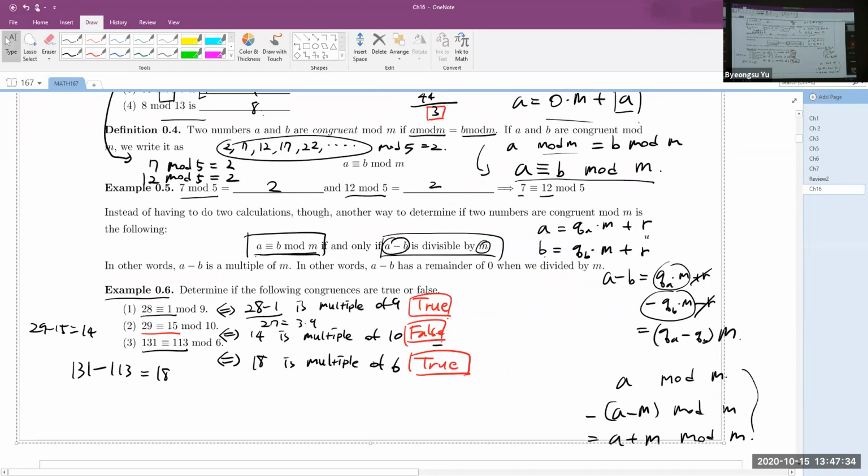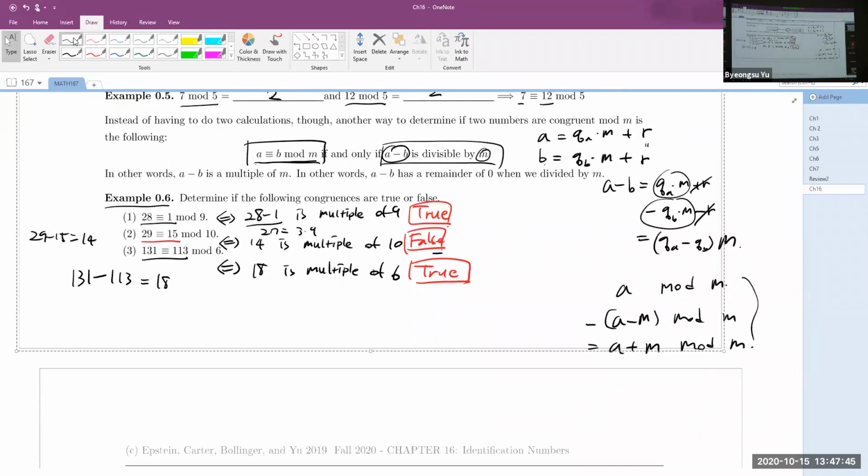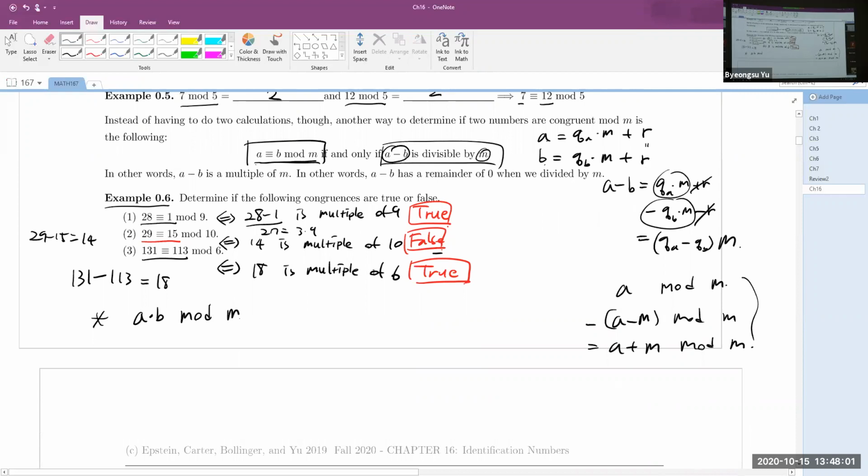Right? Okay. Do you have any questions on the examples? Okay, and here is one more useful fact you need to know, which did not come up in the examples: if your number is a product of two numbers, for example a times b, and you want to find a times b mod m, then this is the same as (a mod m) times (b mod m).